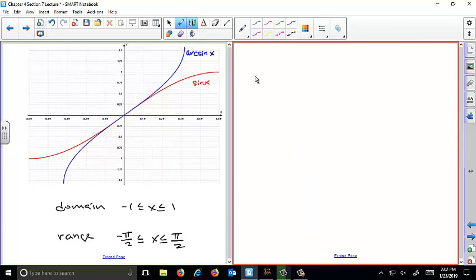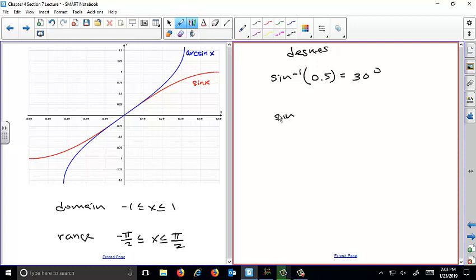So let's just use our calculator to show that's true. Let's say we want the inverse sine of positive 0.5. Let's do this in degrees, so change your calculator mode to degrees. If I do the inverse sine of 0.5, I'll get 30 degrees.